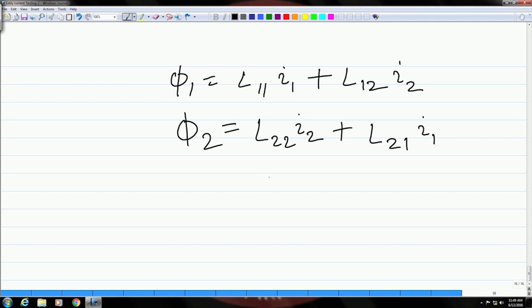So, this parameter L12 and L21 is known as mutual inductance, which we will call as M. Okay.